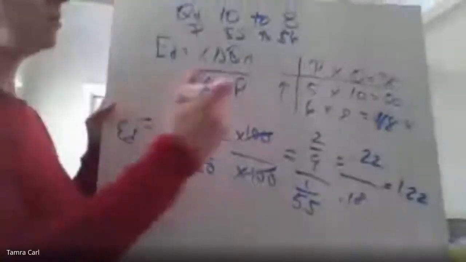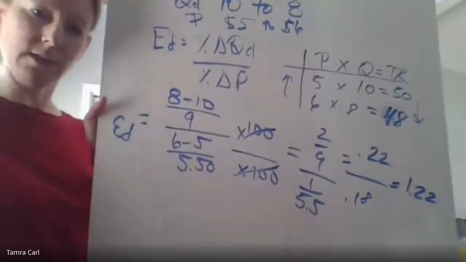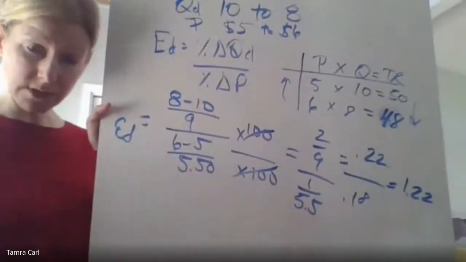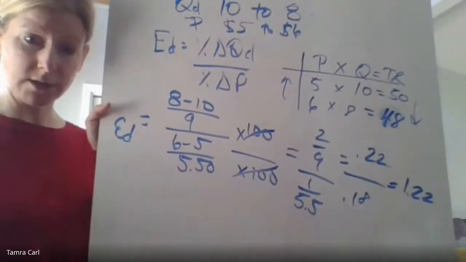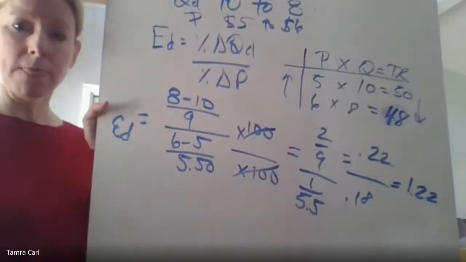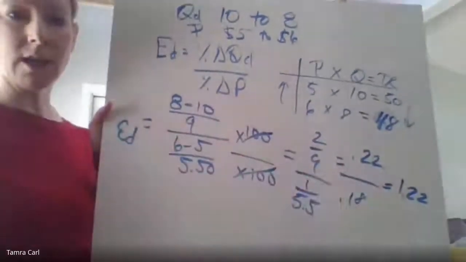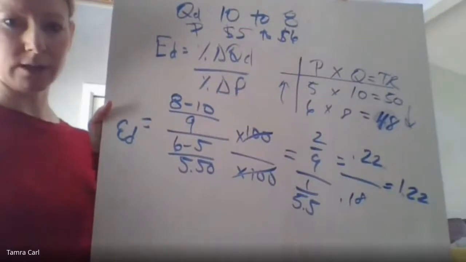Because when there's an inverse relationship between price and total revenue, that means the good is elastic. I can still come back and talk about the percentage change in quantity demanded being greater than the percentage change in price. But I don't have to do this unless they ask me to calculate it.